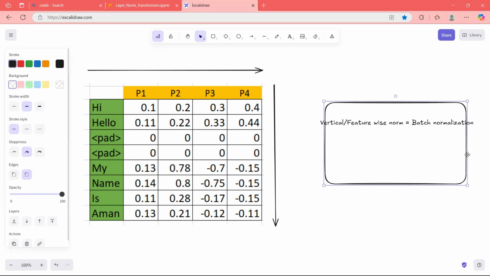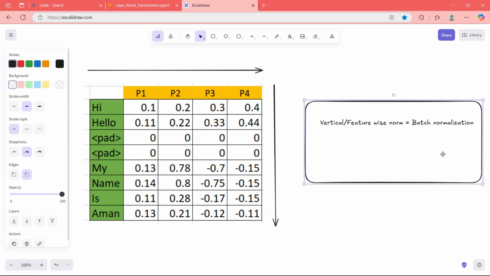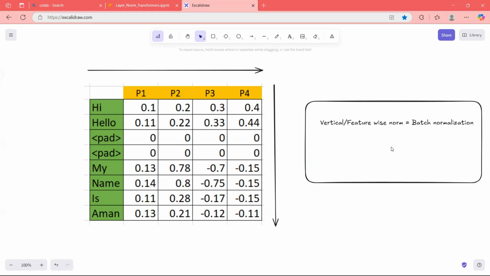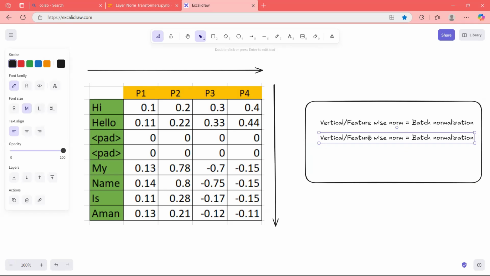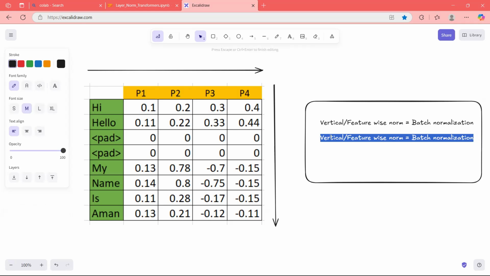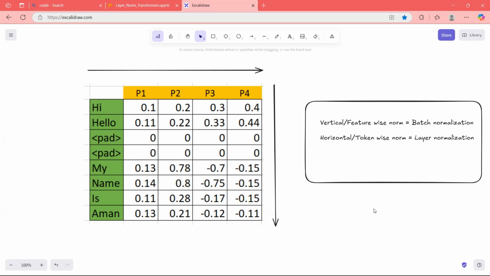What is it called? Batch normalization. And if you do horizontal normalization, that is called layer normalization. So horizontal or token wise normalization is equal to layer normalization.